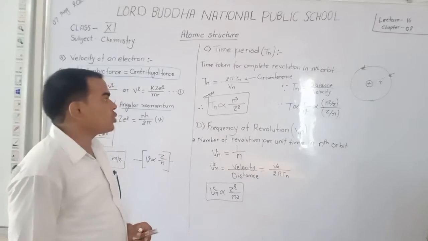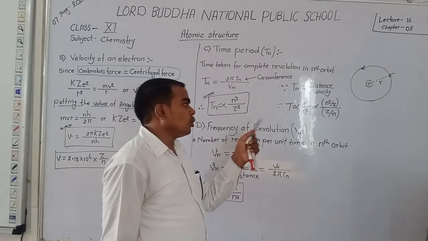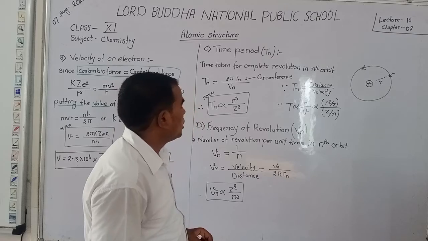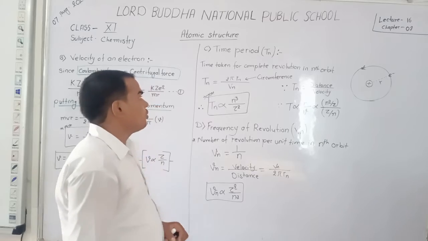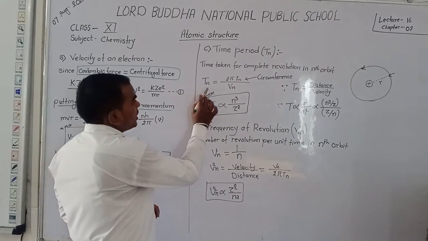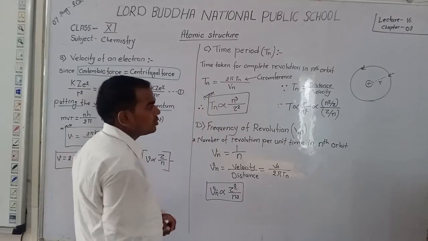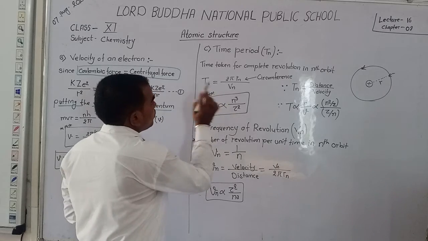Dear student, here pi is a constant. So we say that the time period is directly proportional to Rn and inversely proportional to Vn.